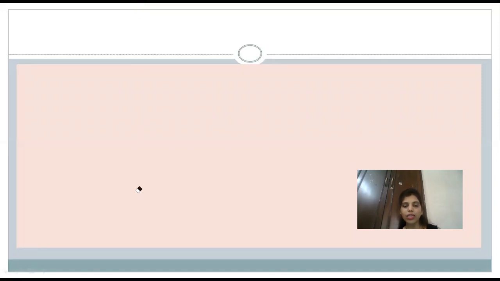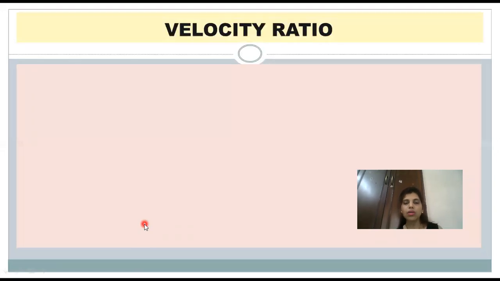Now in the next slide you will see velocity ratio. What do you think might be velocity ratio? When we are talking with respect to the load and the effort, consider when we are pulling the load with the help of a simple pulley, that is a fixed pulley on the well.